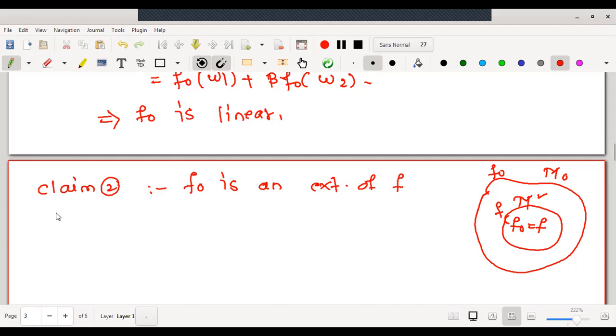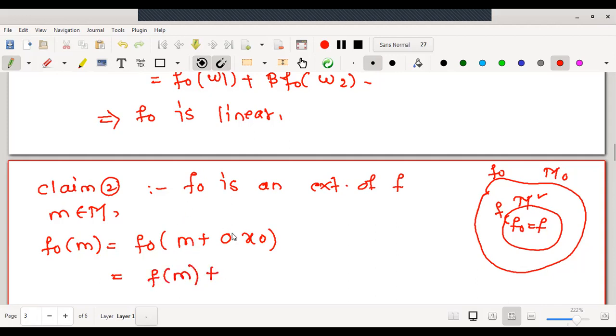Okay. For that, let us start with an arbitrary element m in m, and we will consider f naught image of that m. But to apply f naught, we will try to write the element as m plus 0 times x naught. And what is the f naught image of this now? This is f of m plus the scalar taken as it is, and x naught is mapped to r naught.